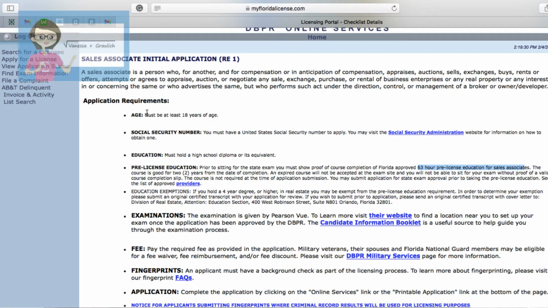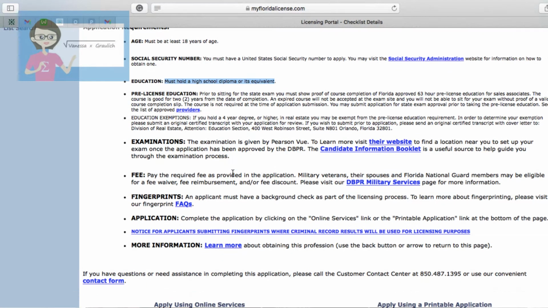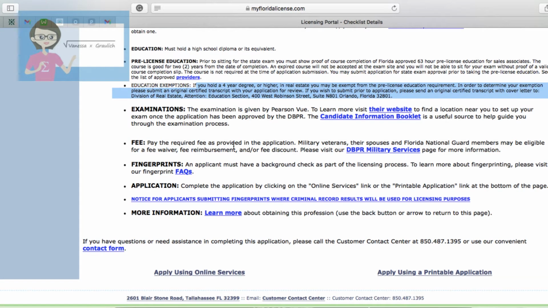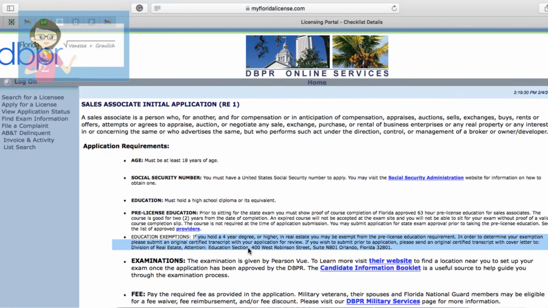Funny that you can't drink until 21, but you can sell real estate at 18, a little bit scary. Social security number, your education: you must hold a high school diploma or its equivalent. Pre-license education, basically a 63-hour pre-license course, and then you take the examination, and then you pay the fees, fingerprints, application, and so on.